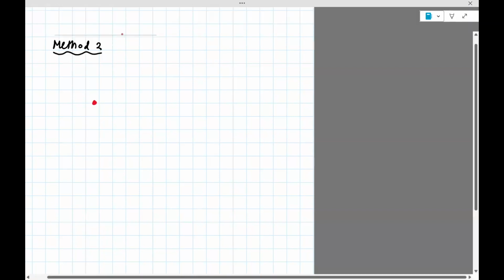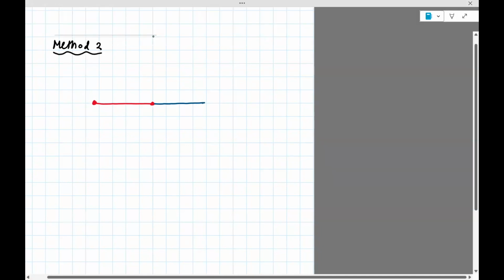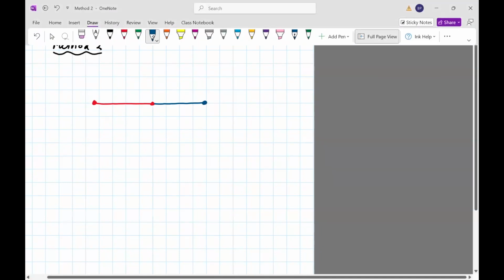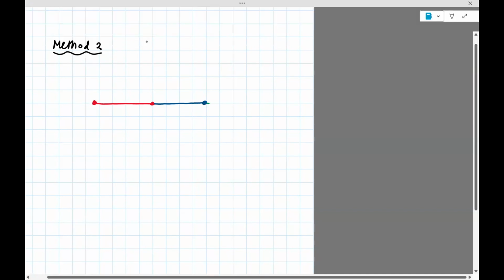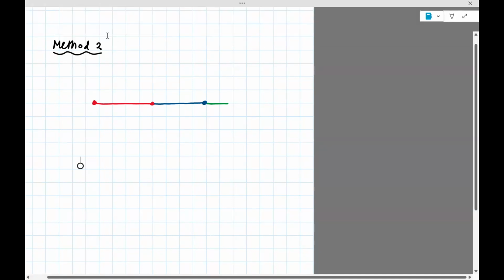Okay, in this case, what I'll do is I'll just draw the links in the position where theta is all 0. So here we have the 3 links in the position where all the angles are 0. Once we have that, we're going to put coordinate frames.